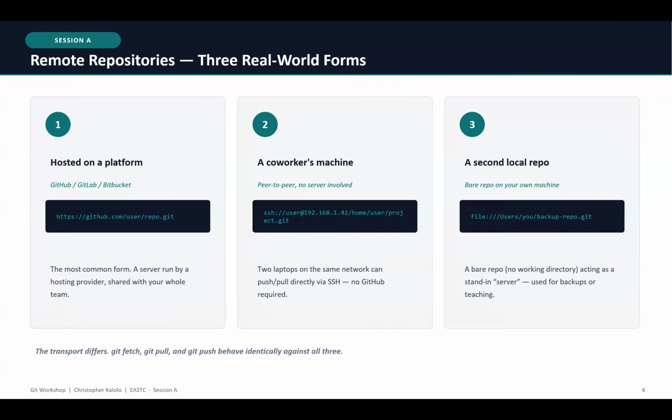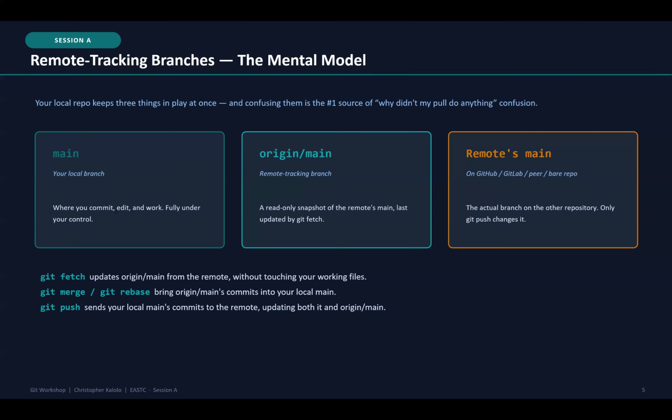So when we say a Git repository is a remote repository, we're not only talking about where it is sitting physically, but we're talking about the relationship between two repositories. One acts as a local repository and the other one acts as a remote repository.